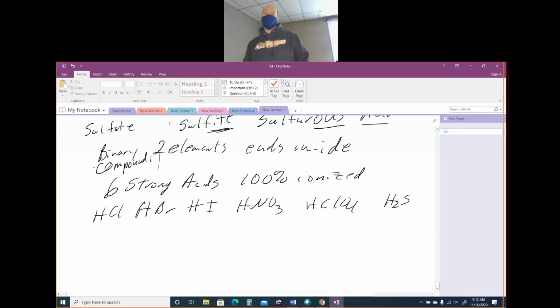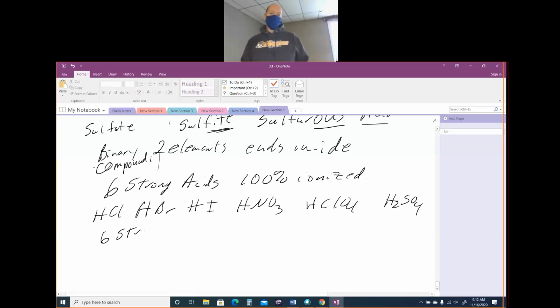Those are the 6 strong acids. Again, you're going to be picking them out of a lineup. It's multiple choice, so you don't have to come up with them from memory, but you should be able to pick out the one that's either not a strong acid or the one that is a strong acid. Or it could say which ones of these are strong acids.